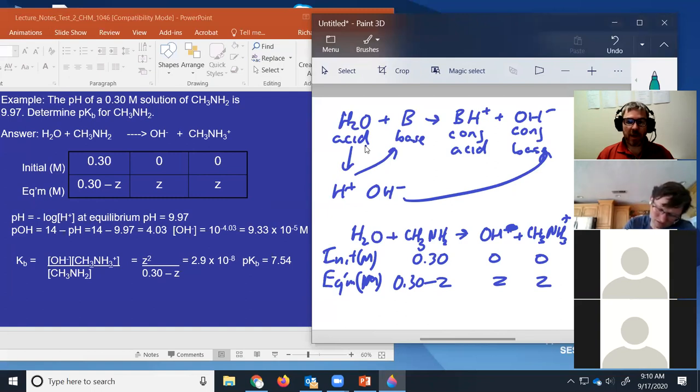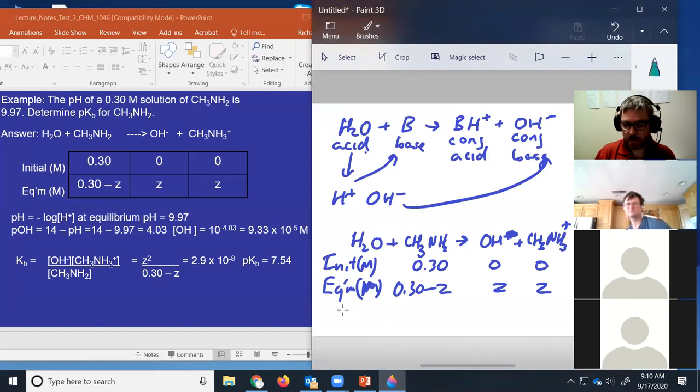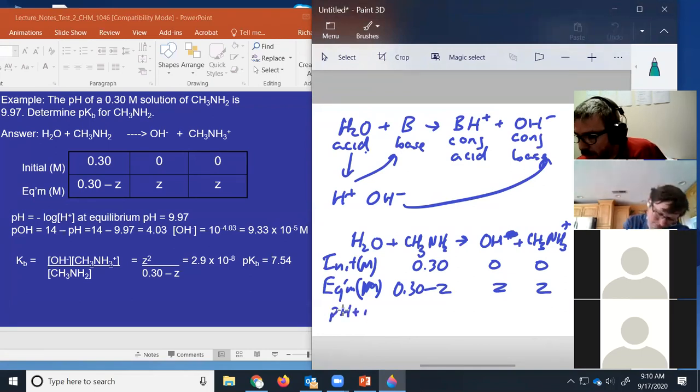Now you'll notice in this instance, we need the OH- concentration. And what we're given, though, is a pH. So we're going to actually have to solve for a pOH first and then get the concentration of OH- from there. So the relationship that we're using is that pH plus pOH is equal to 14, which means we can solve for the pOH.